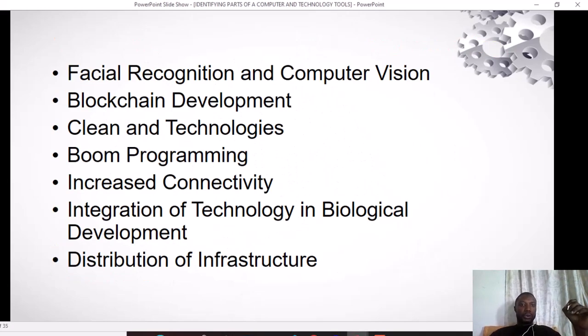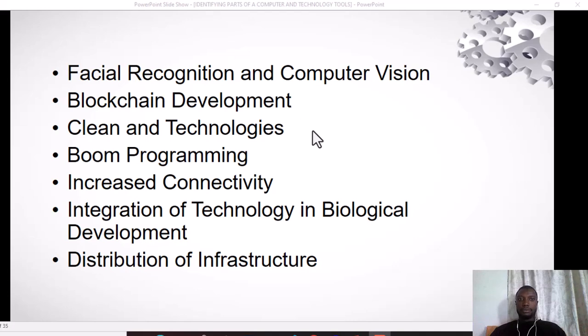So we look at facial recognition and computer vision, which we are all aware of. Some laptops and some phones already have it.